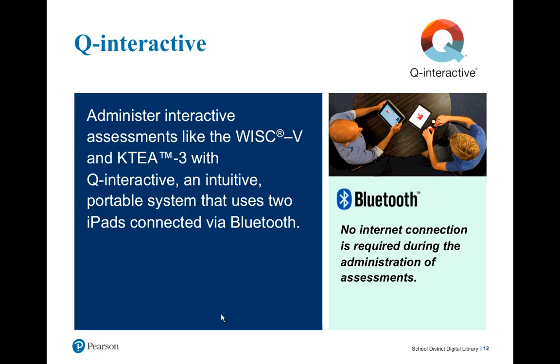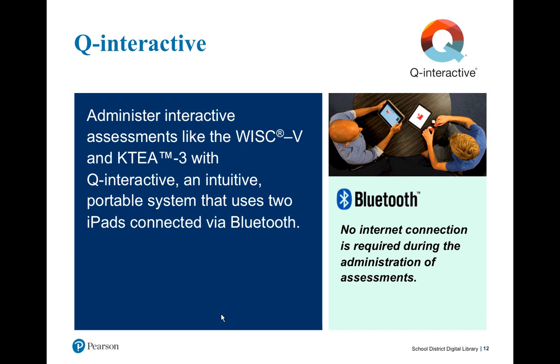So the two primary components to the pricing model are Q Interactive and Q Global. So Q Interactive, what is this? Q Interactive is really going to zero in on the administration of tests like the WISC-5, the KTEA or WIAT-3, the SELF-5. Really think of these as being your one-to-one administered tests.